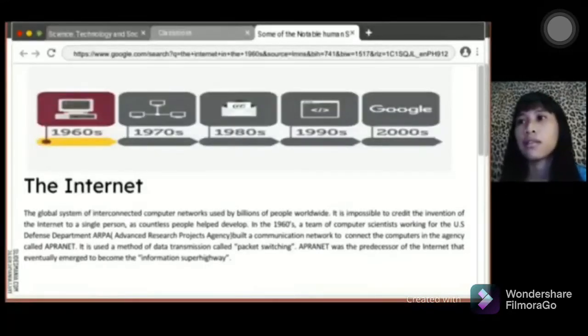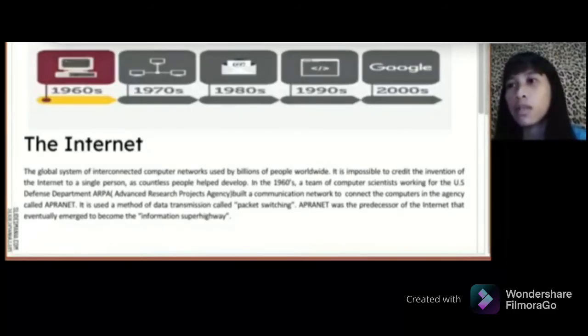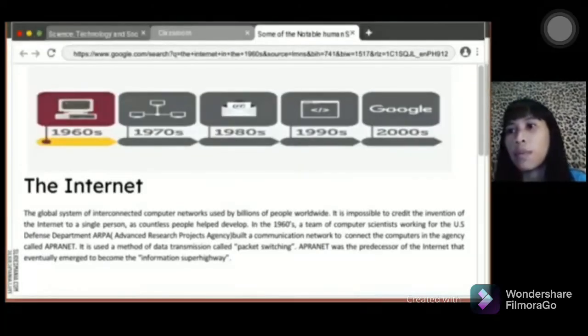The next is the internet. The global system of interconnected computer networks used by billions of people worldwide. It is impossible to credit the invention of the internet to a single person, as countless people helped develop it. In the 1960s, a team of computer scientists working for the U.S. Defense Department Advanced Research Projects Agency built a communication network to connect the computers in the agency, called ARPANET.